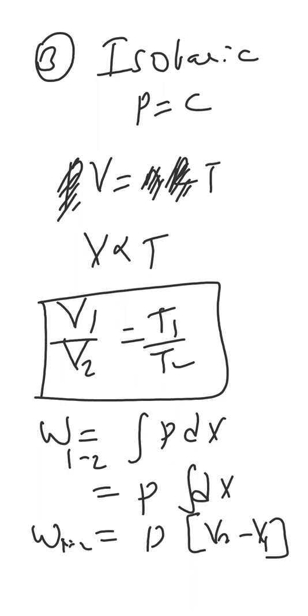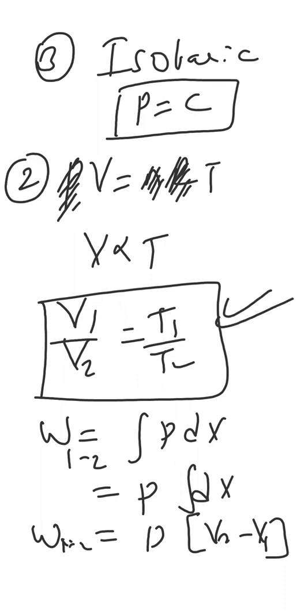So please note down: first, pressure is constant; second, the ideal gas equation, how to apply it and what the result is; and third, work transfer in isobaric process. Note it down and raise your hand.